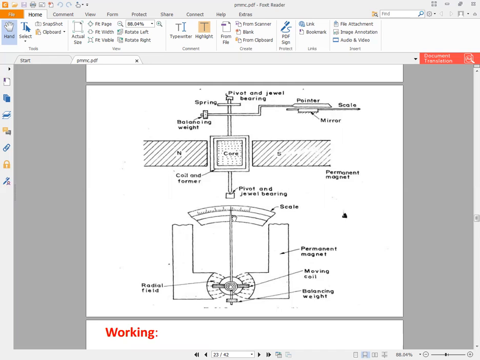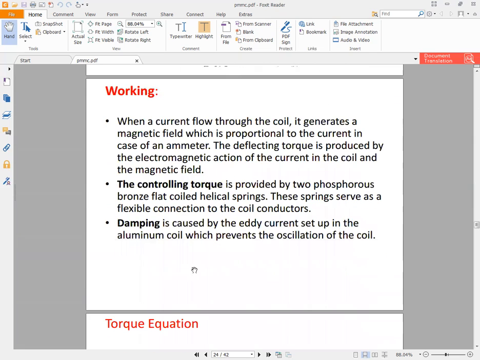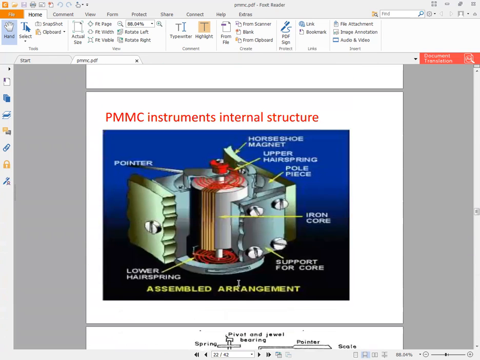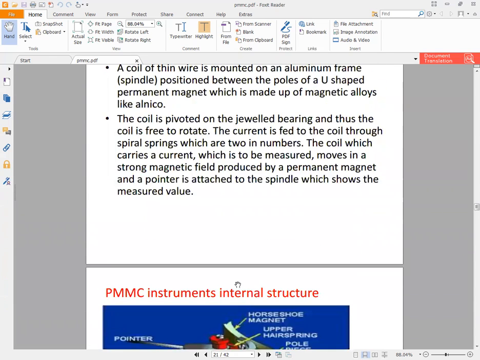That means it swings and cannot show the reading constantly within a limited time. To avoid these oscillations and reduce the time needed to show the reading, we use the damping torque, which is caused by the eddy current setup. So this is our PMMC type instrument.